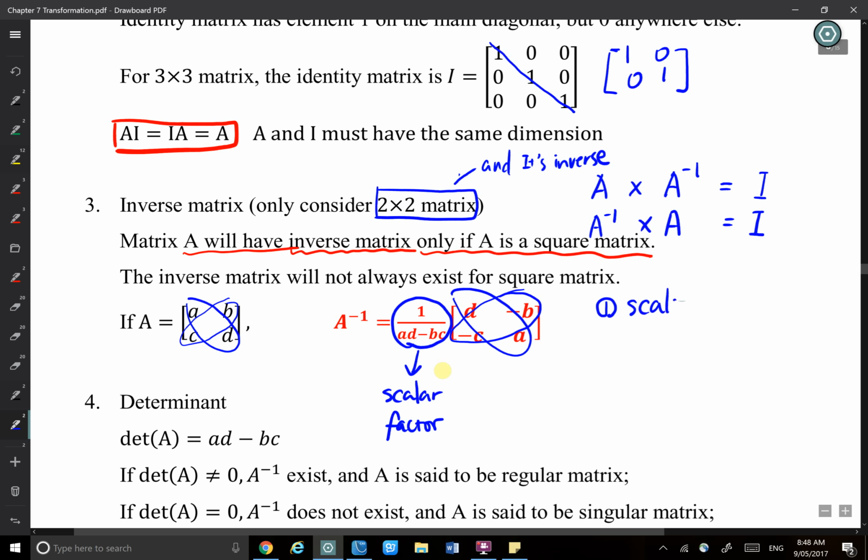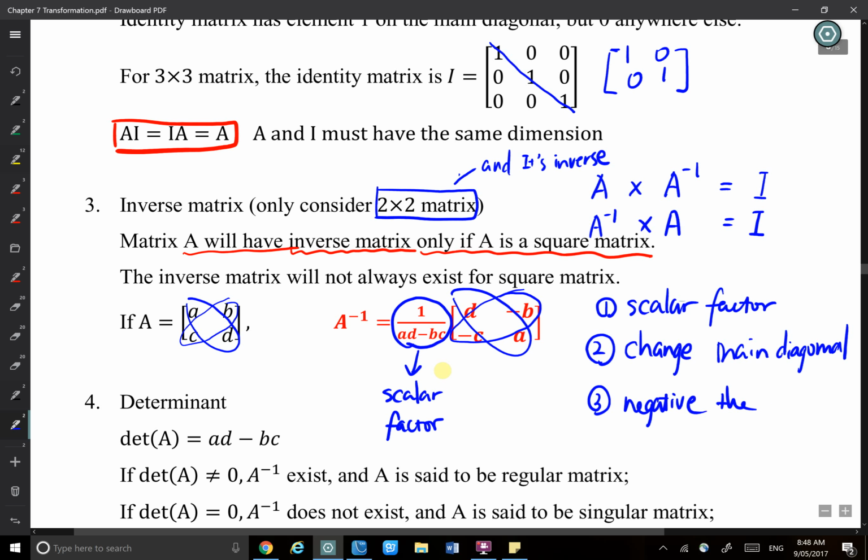So 3 things to do. First, I will find the scalar factor. Second, change the main diagonal. Third, negative the other diagonal.